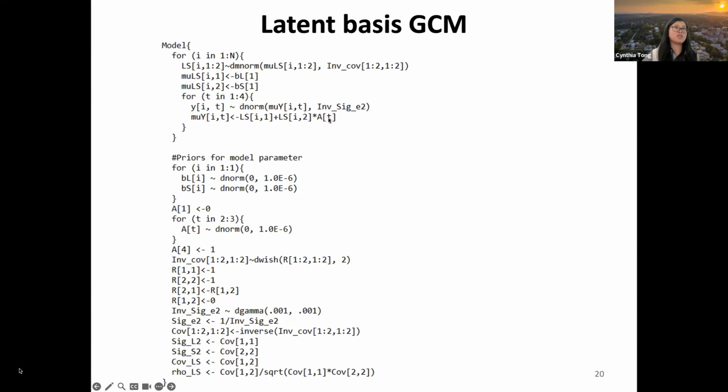So this A of t can be estimated. We just need to fix the first latent basis and last latent basis, and we freely estimate all the other latent bases. So the first latent basis is fixed at 0, and the last is fixed at 1, and all the others are parameters, so we specify priors for them, and everything else is the same.